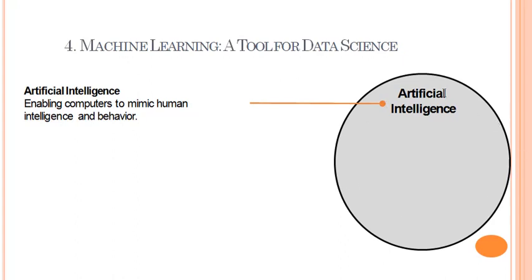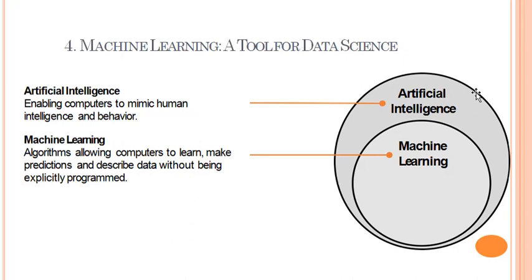It is a whole domain of artificial intelligence, and in this domain, one subdomain is machine learning. So machine learning is basically a subdomain of artificial intelligence. In machine learning, we want algorithms allowing computers to learn, make predictions, and describe data without being explicitly programmed.